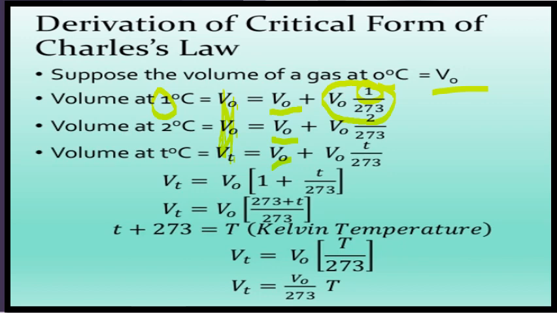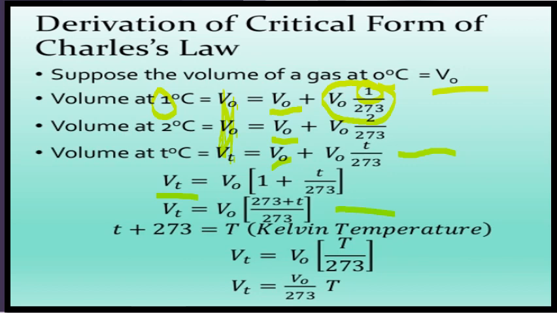Now here you can write the volume V at temperature T, where T can be any temperature, right? V is equal to, if we take V naught out as a common factor from this equation, V naught in the bracket 1 plus T upon 273.